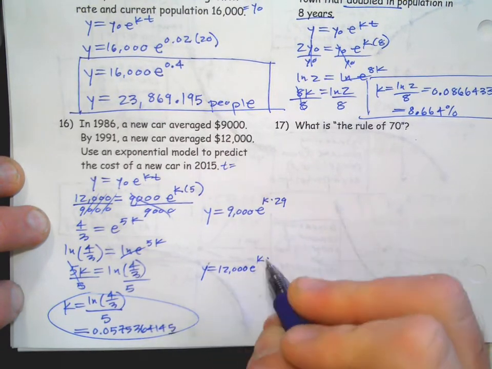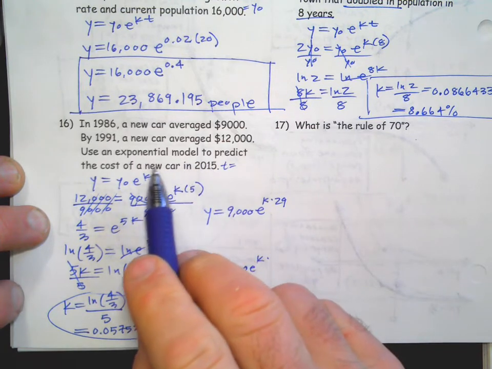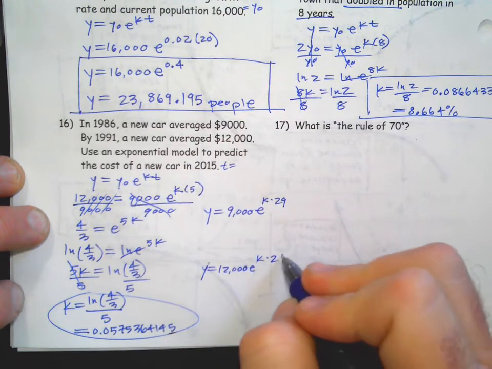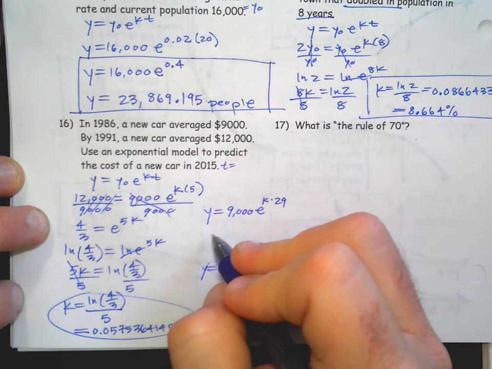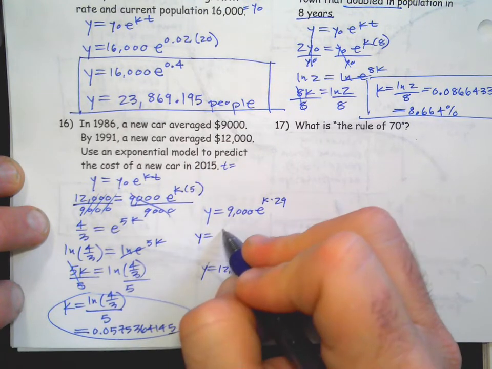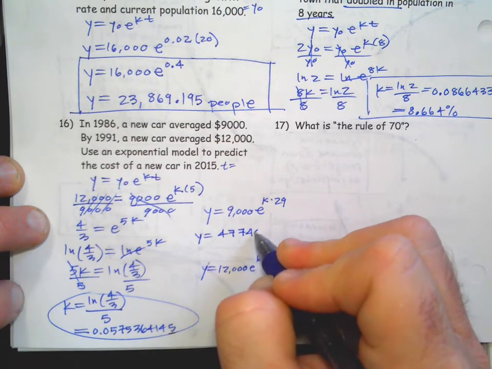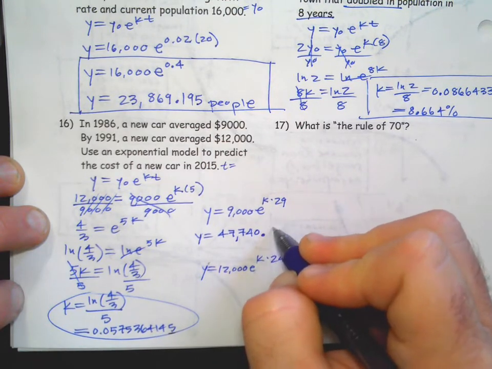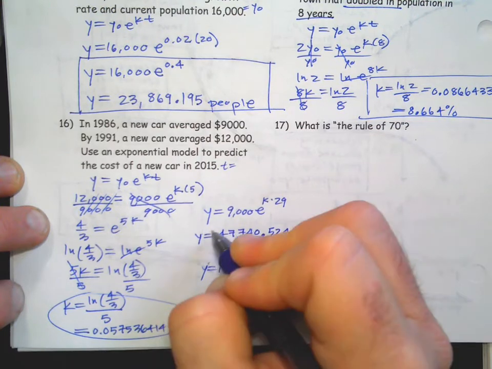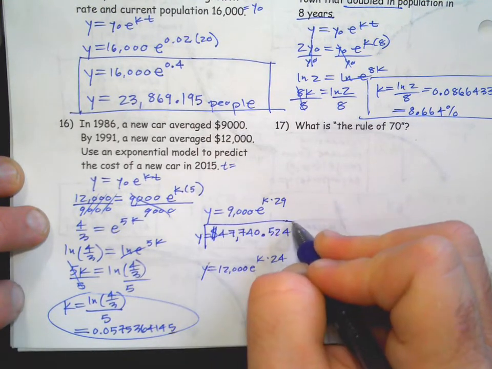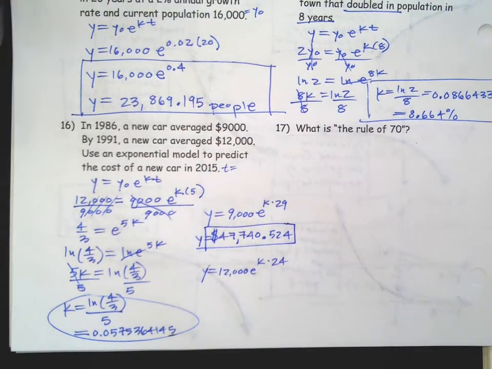Same k value, but the time is going to be 24 instead. Now, if you do this, we get 47,740.524. So either way should give you that.